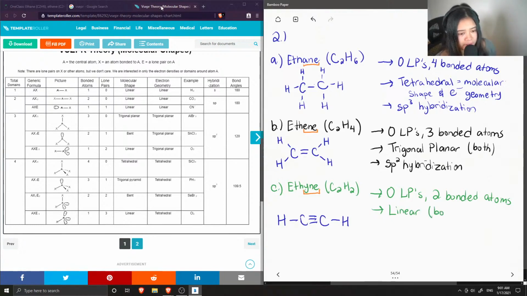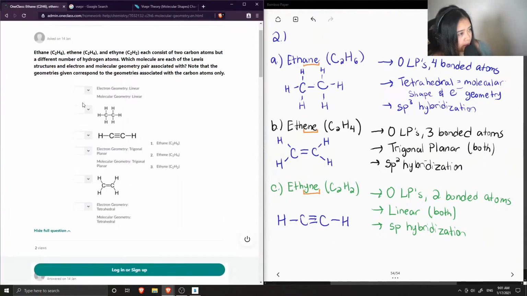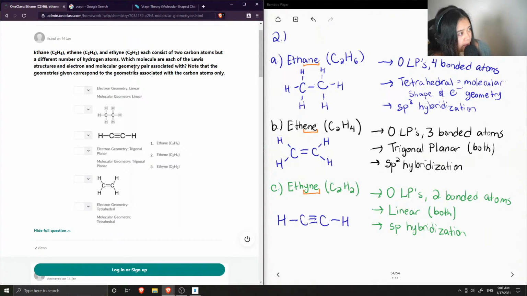So I'm just going to say linear for both. And this time we have sp hybridization. Okay, so these are our 3 compounds, and I believe we answered all the sub-questions in this question.